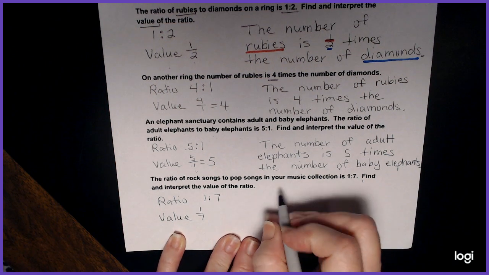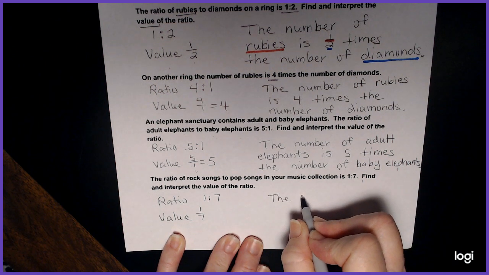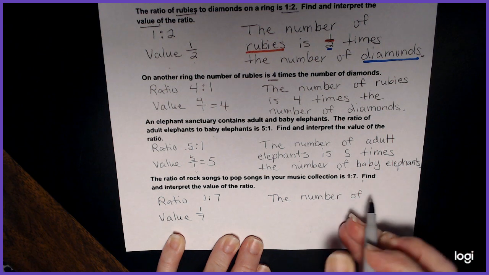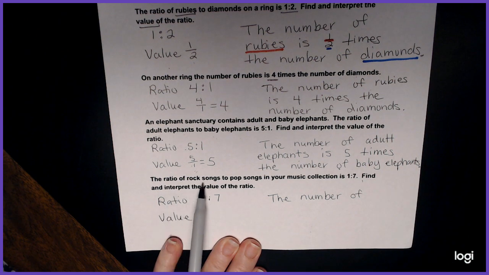So let's see, the number of, all right, what's our first thing that goes with 1? The ratio of rock songs to pop songs. So rock songs comes first.